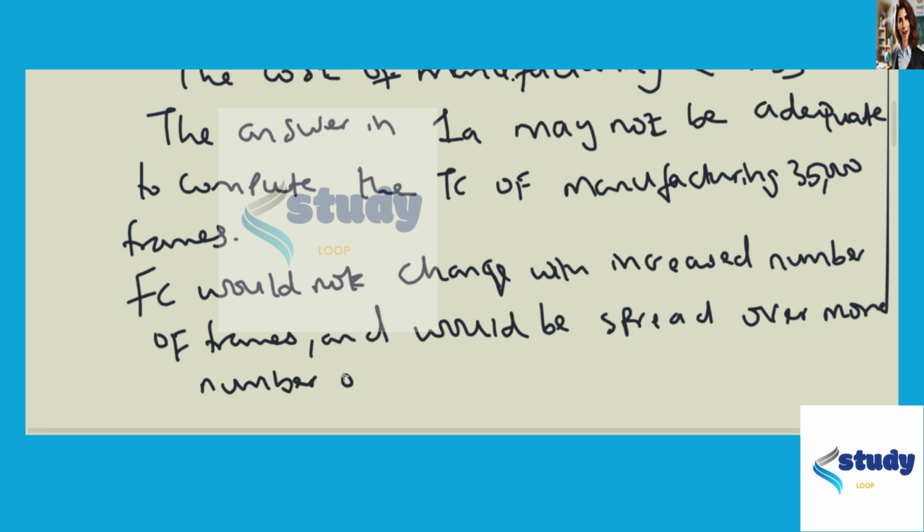So now moving on to the second question. Goldstein's cost analyst uses annual data from past years to estimate the following regression equation, with total manufacturing cost of the bicycle frame as the dependent variable and bicycle frames produced as the independent variable.